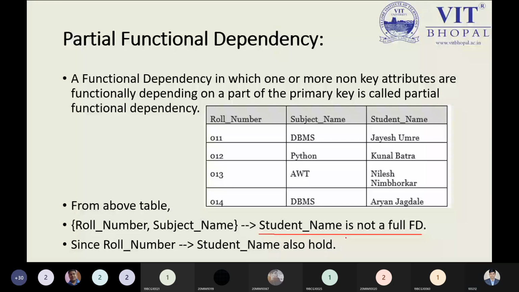Since roll number and student name can also hold, student name and roll number will also be required, because student name is also required to keep the detail of the roll number, as we have lots of data over here. All these four students belong to their own individual roll numbers and they have to determine their roll number. So the dependency will be done by the student name and roll number.